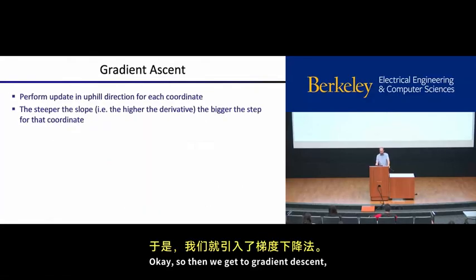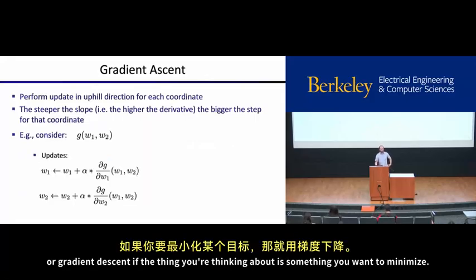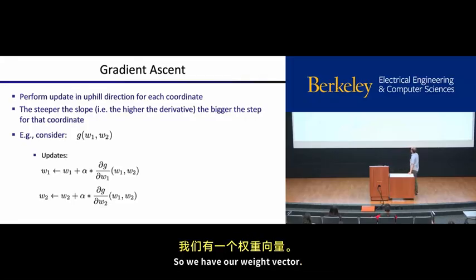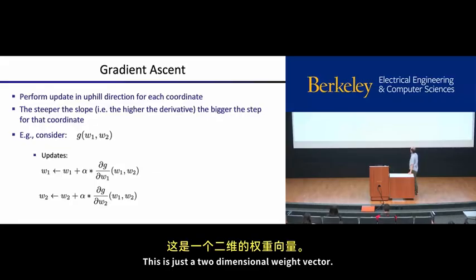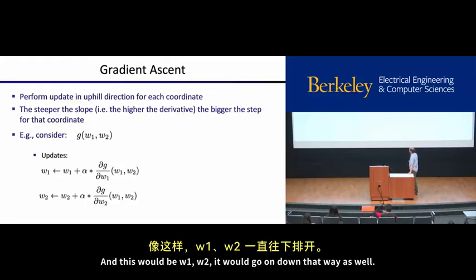Okay, so then we get to gradient ascent, or gradient descent if the thing you're thinking about is something you want to minimize. And that takes this form. So we have our weight vector. This is just a 2-dimensional weight vector, but if we had more dimensions, this would be comma W3, comma W4, and so on. And this would be W1, W2, it would go on down that way as well.